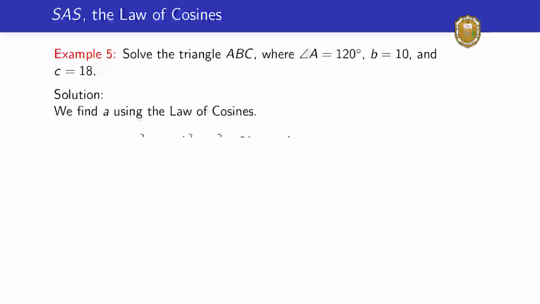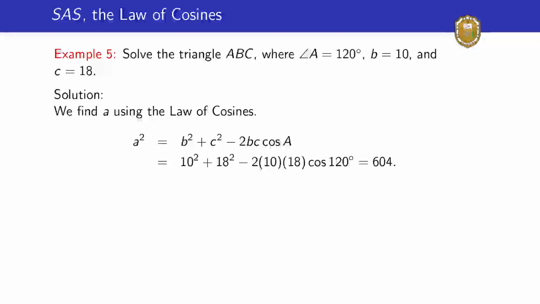We know the law of cosines tells me that a square is equal to b square plus c square minus 2bc cosine A. That gives me 10 square plus 18 square minus 2 times 10 times 18 times the cosine of 120, and that will give you 604. And therefore, a is the square root of 604, and that will be approximately 24.6.